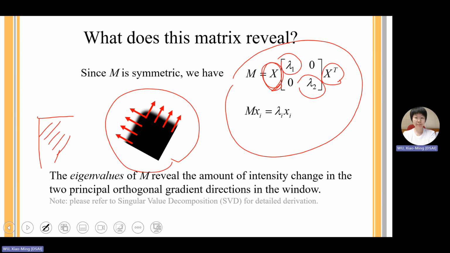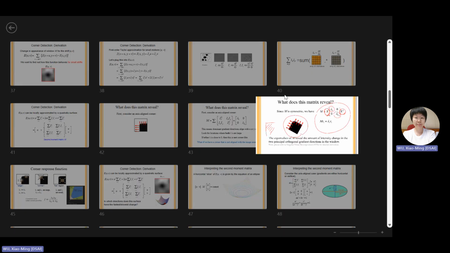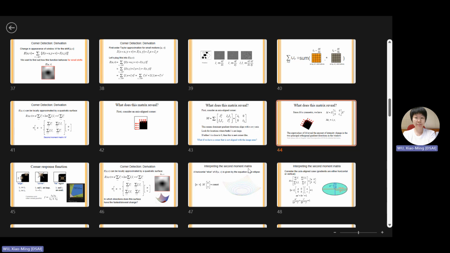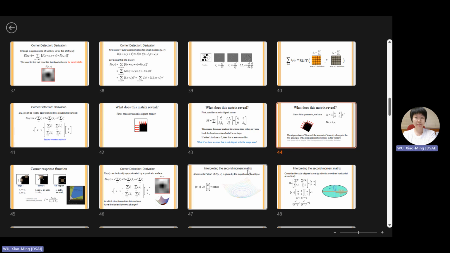The differences are only up to a rotation matrix. So that's why the Harris corner detection algorithm is robust to rotation.